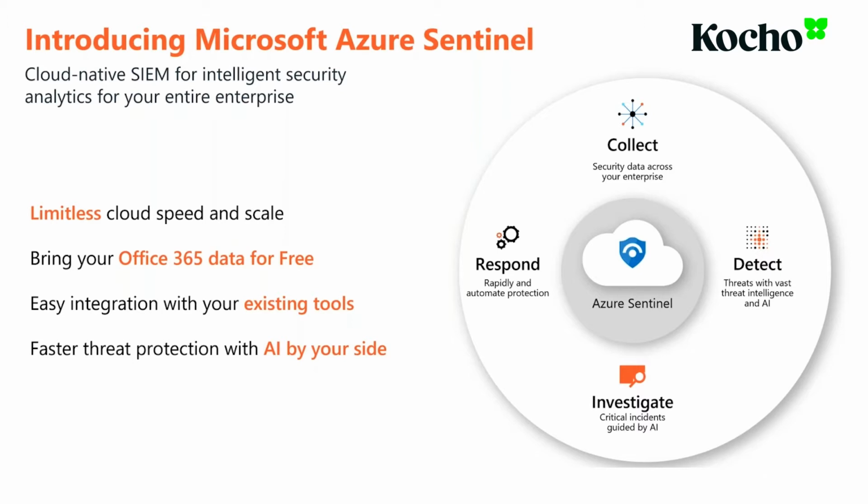Investigative capabilities, extensive within the Sentinel platform. So when we get an incident, we're going to want to investigate it. And the whole purpose and sort of feature set of Sentinel really seeks to reduce that mean time to resolution. So some really innovative features and capabilities within the platform to help speed that process up.